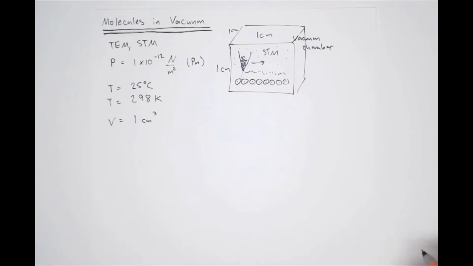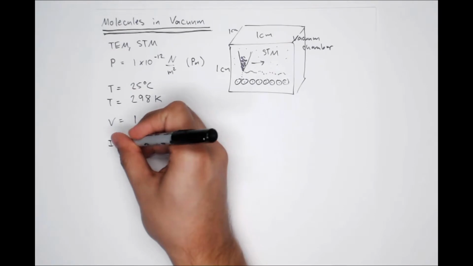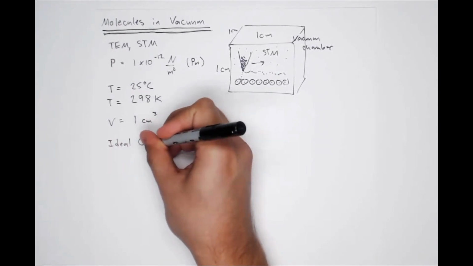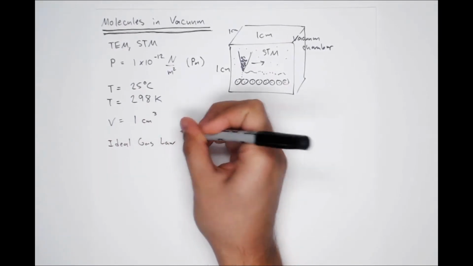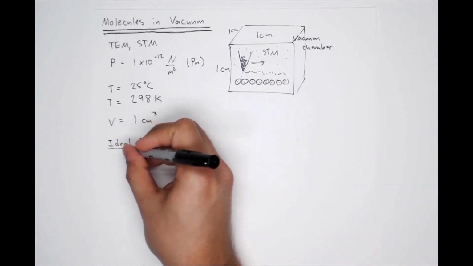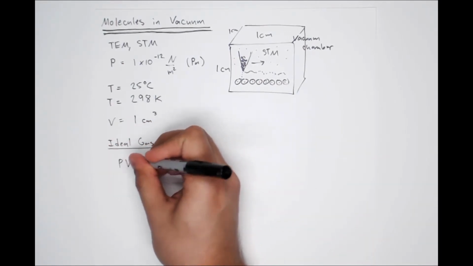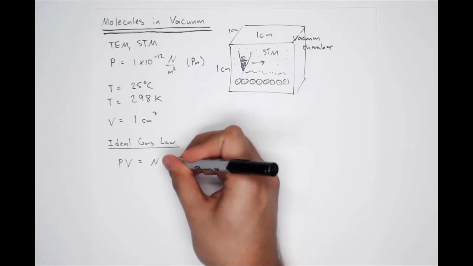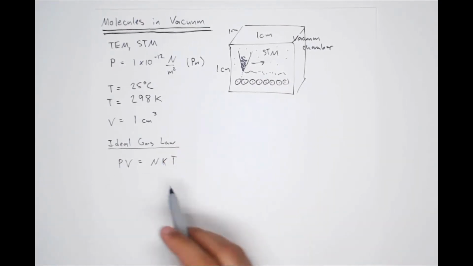Okay, so the way we're going to answer this is to use the famous ideal gas law. This law is an equation of state for the gas, and it is given as PV = NkT. So pressure, volume, and temperature are the usual variables.